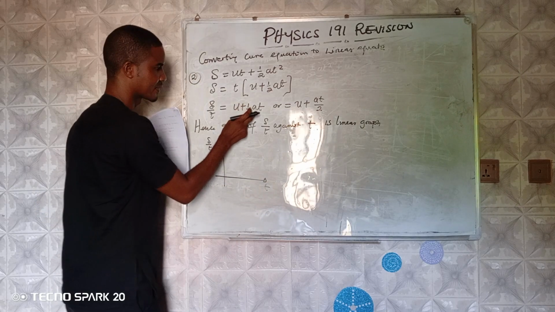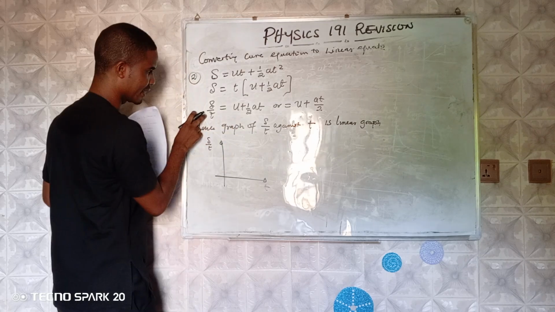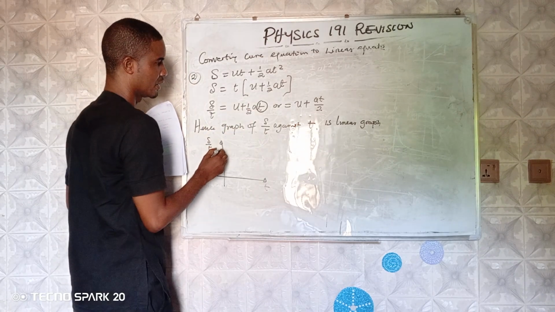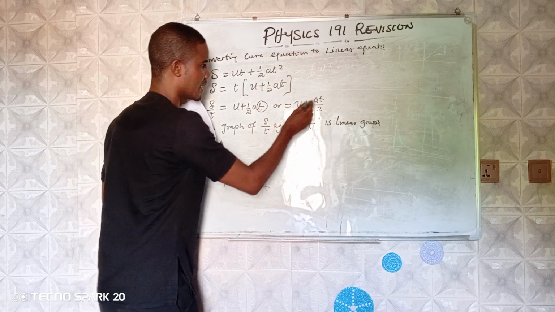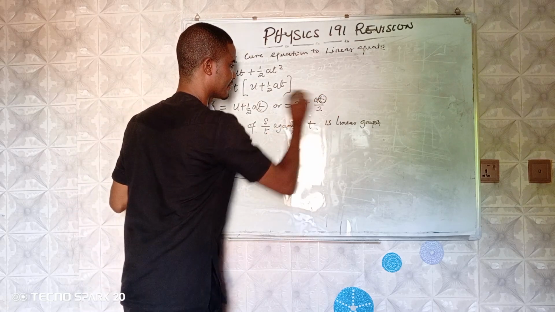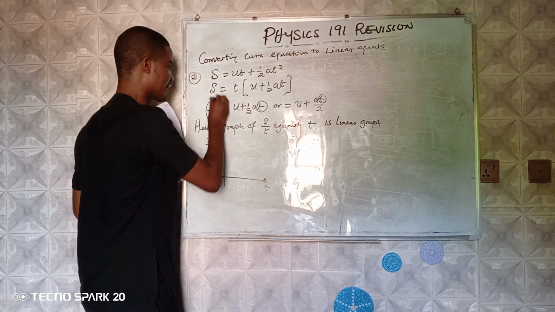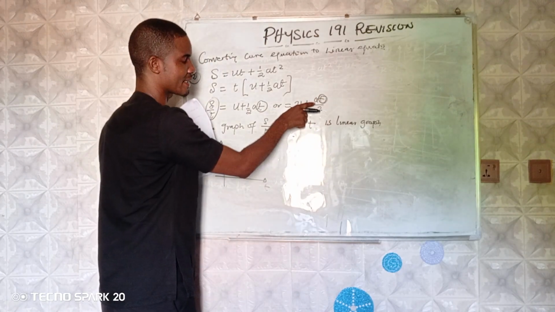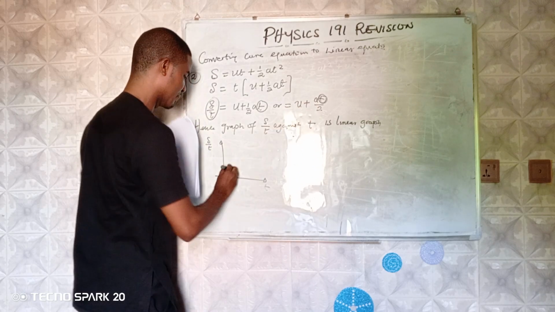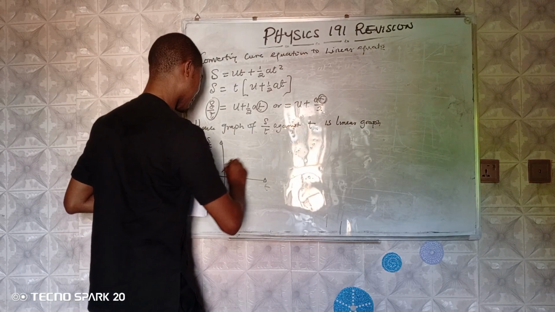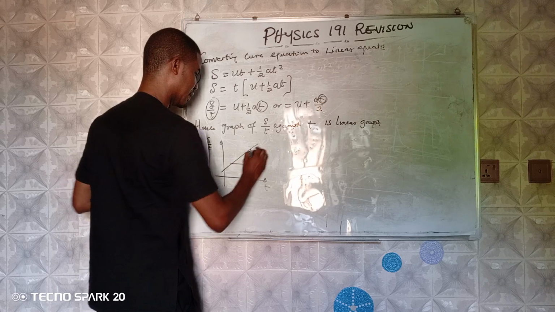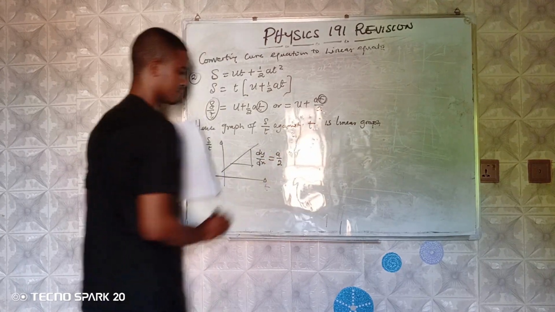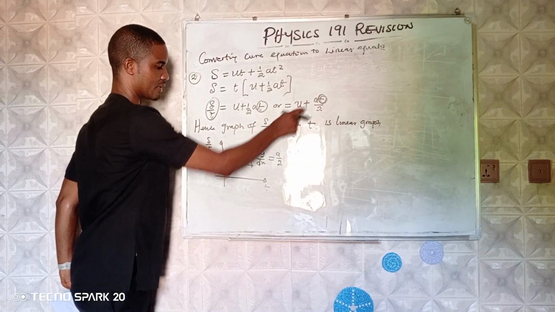My y-axis will be this, and my x-axis will be this. Anything attached to my x-axis by virtue of multiplication is my slope. So my dy over dx here is a over 2.